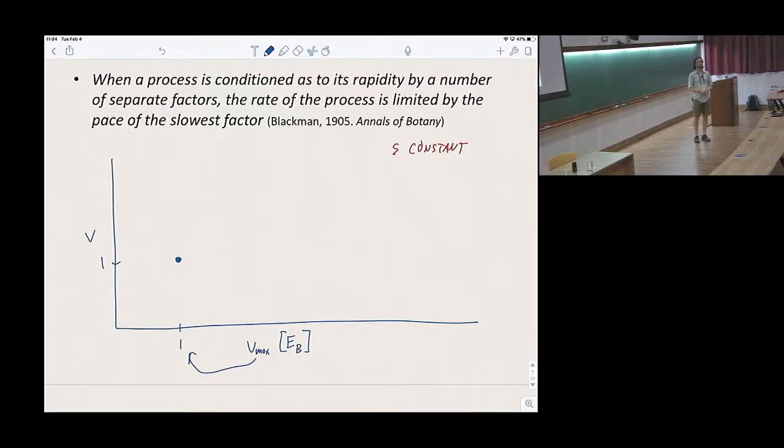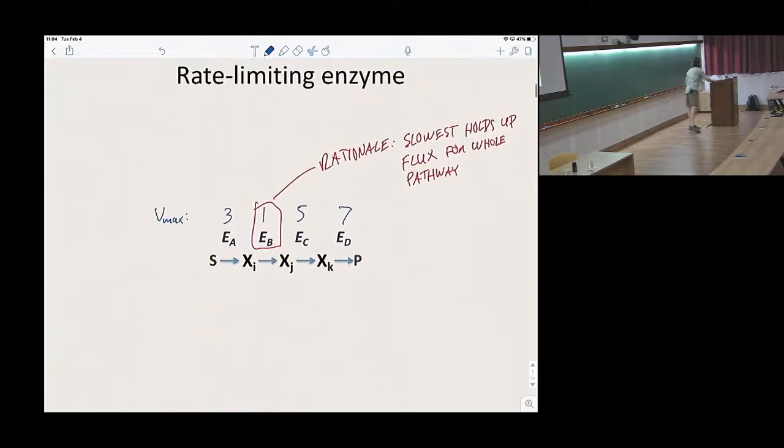Well, by the idea of a rate-limiting enzyme, if I had told you, imagine I put a 2 there instead of a 1, you still would have called that the rate-limiting enzyme. So if it's 2, okay, maybe you could work up to 2. But 2.9, maybe 2.9. What about 4? Now you would get capped off at 3, right?